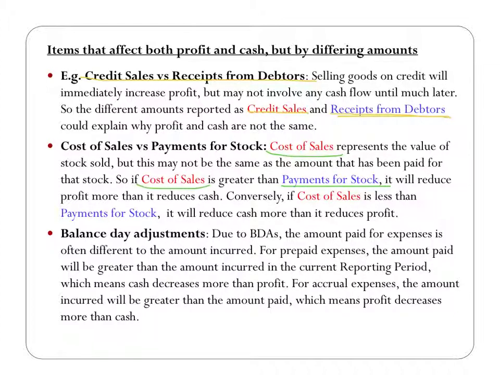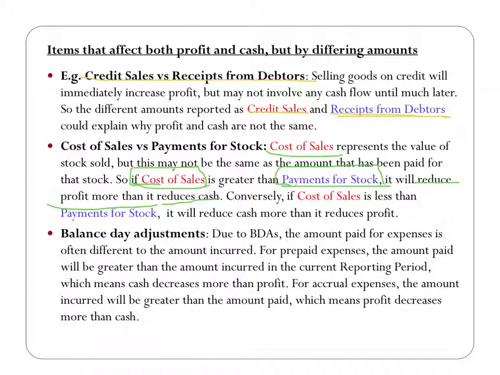What this means is if you've purchased the stock for cash, you've made some payments for stock. However, in this period, if you've sold more in terms of cost of sales, then it will reduce profit more than it reduces cash.